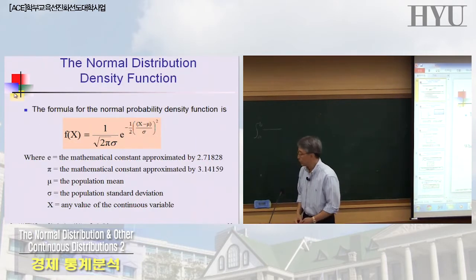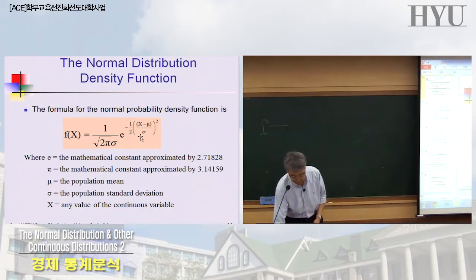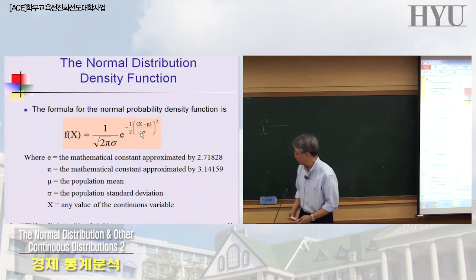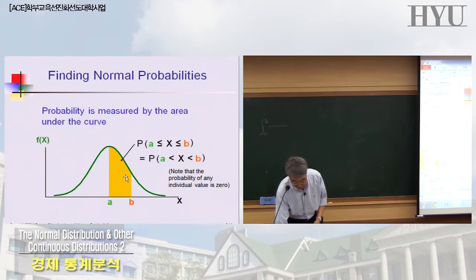So this is the PDF, what we call probability density function of the normal distribution. In other words, that's the equation of this curve.